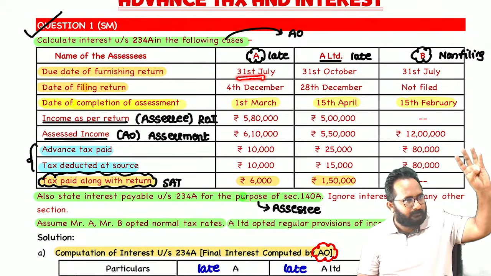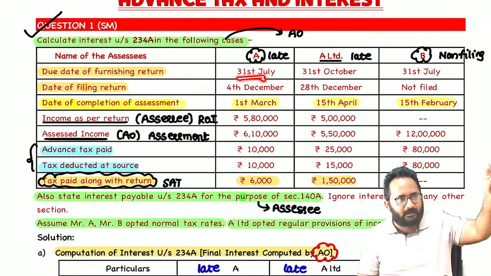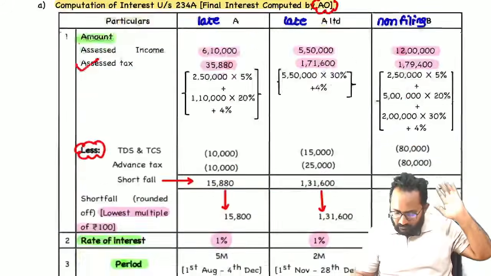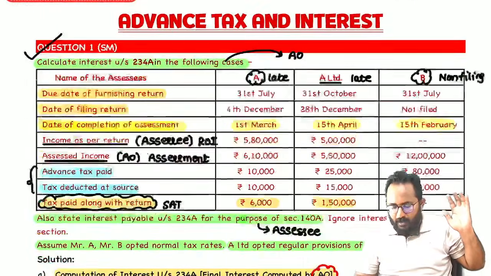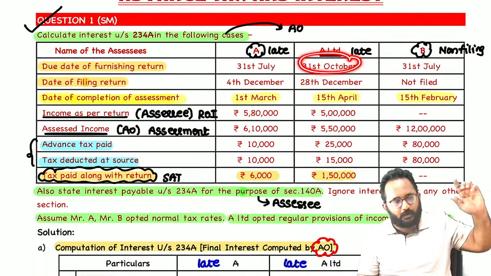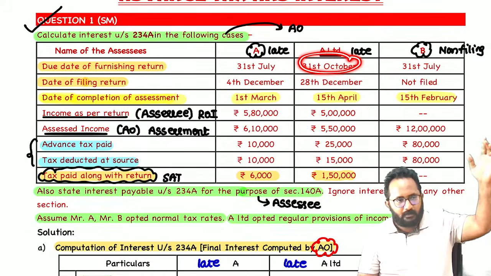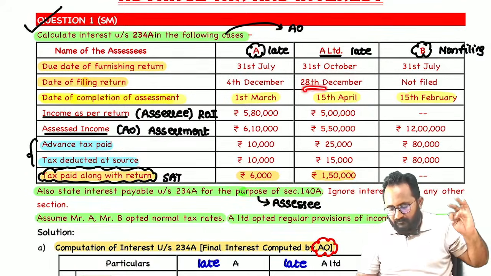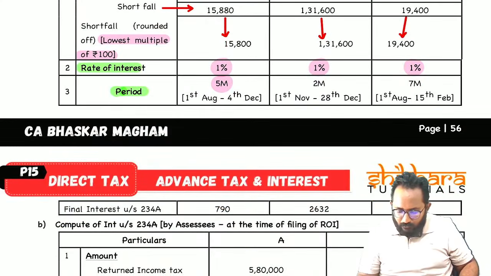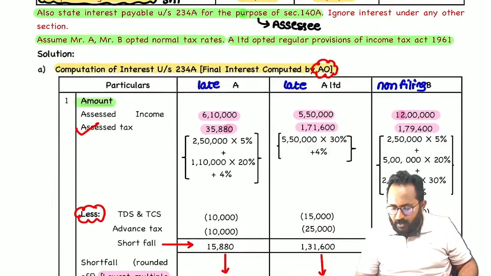Now August, September, October, November, December. Part of the month also counts as a full month. How many months? 5 months. Next case also, late filing. Date after the due date is what? November. November, December, 2 months only. Yes, part of the month also is considered as a full month.